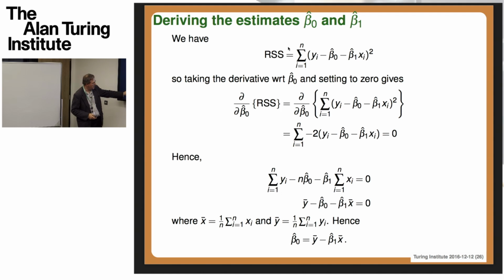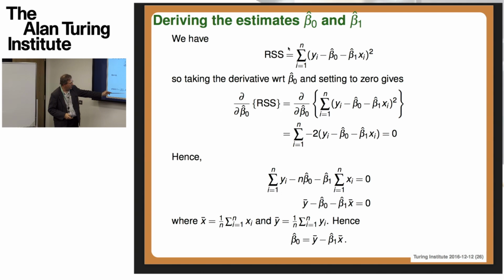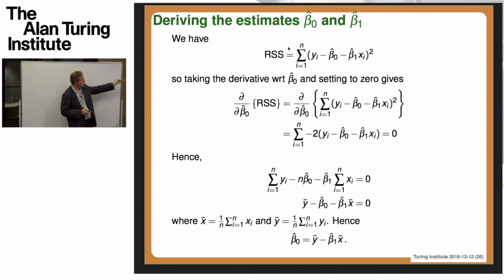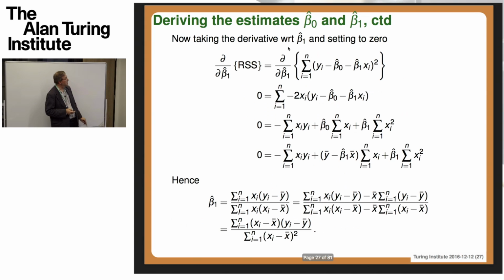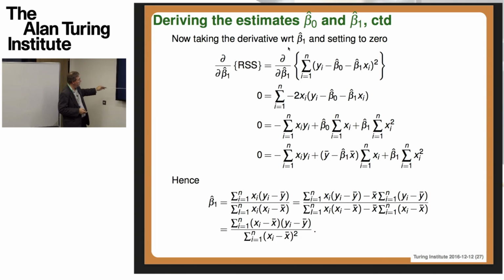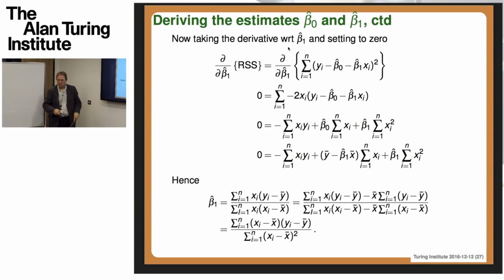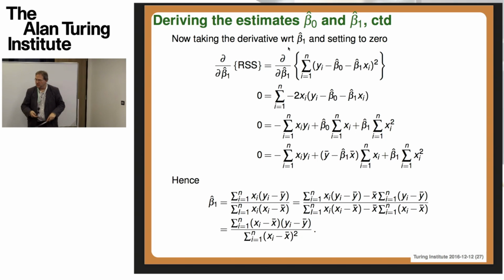Then beta naught hat is the average of the y minus beta 1 hat times the average of the x, from that analysis of the stationary point with respect to beta naught. And similarly with respect to beta 1, we get this term at the end here as the fitted value for beta 1. So with convex optimization of differentiable functions, we can find these betas readily.